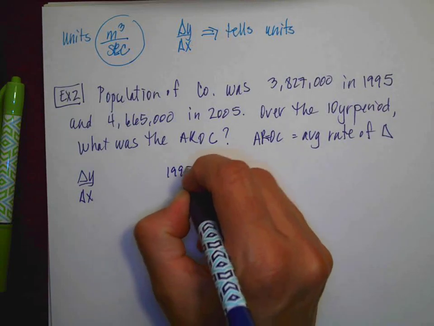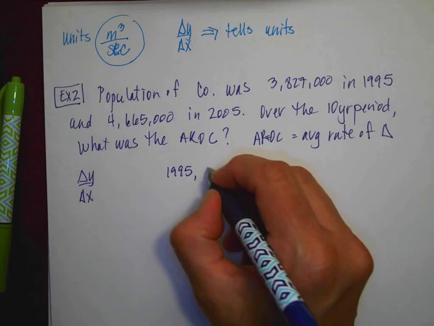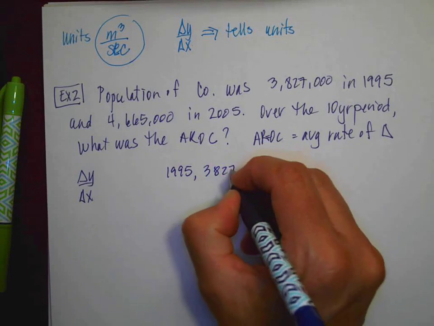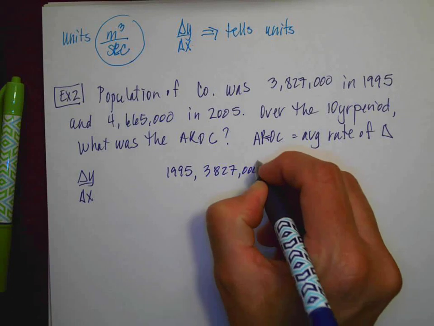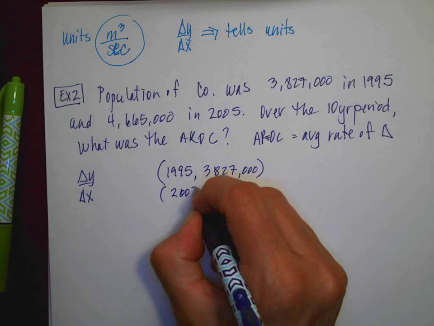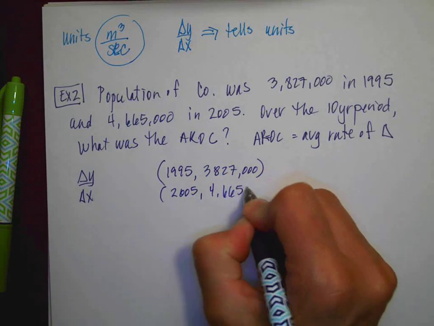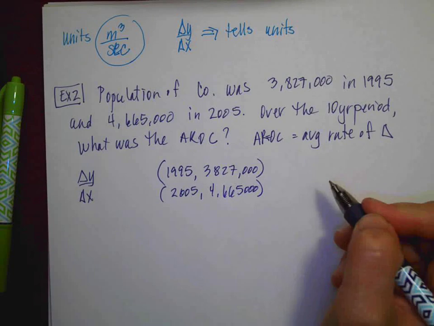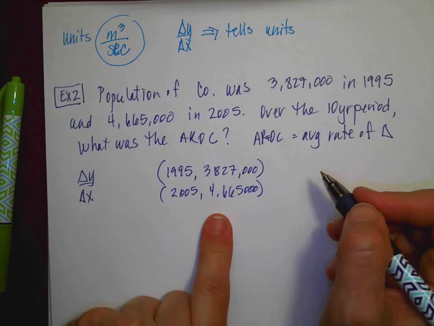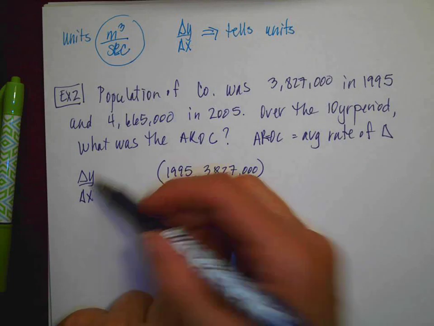So I had 1995, and because I can't change time, that's my independent variable, and 3827123, and so that's a data point. And then in 2005, I had 4665123. I always like to put my data into ordered pair notation because then I typically make fewer mistakes.